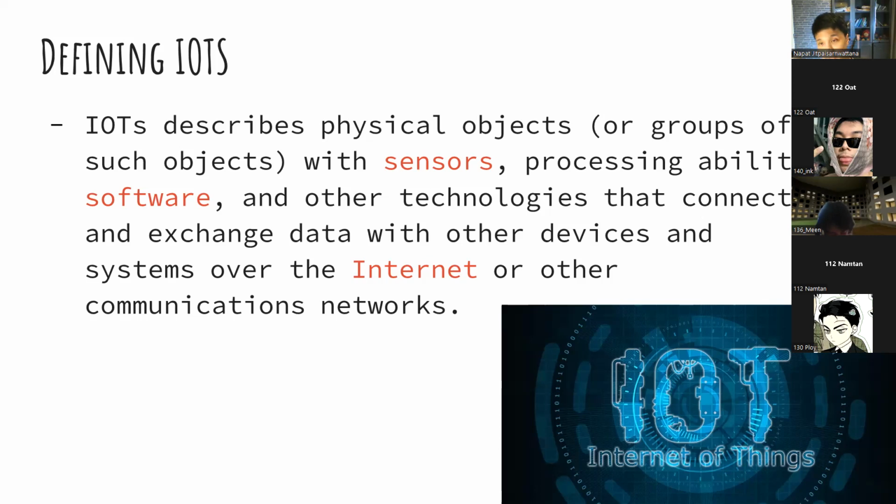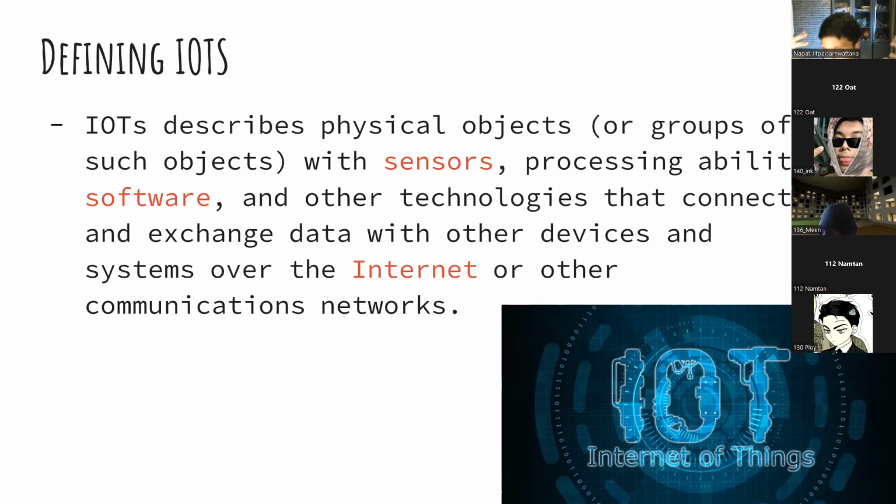That physical object needs to have some processing ability. They need to be able to process data, and they need to be able to produce some capability that humans can use. It also contains some sort of software that is connected to the internet and so on.